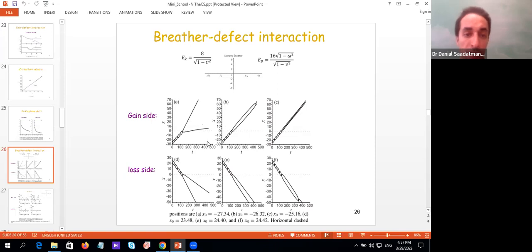Here I have shown different scenarios for different initial values of the breather. In fact, the initial position of the breather is an important parameter during the interactions.